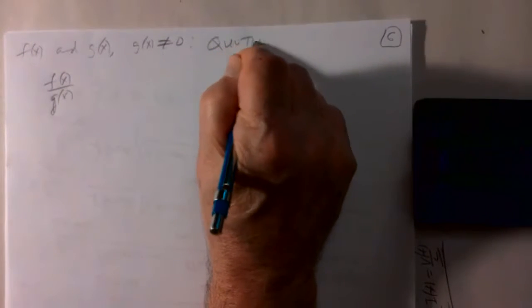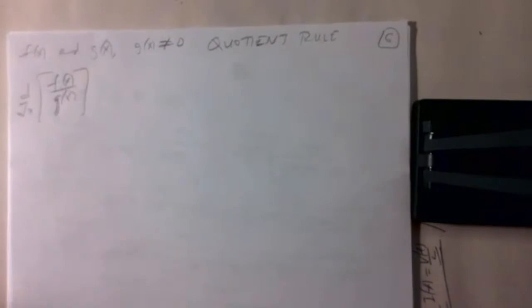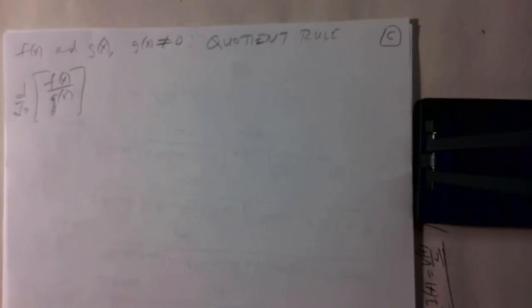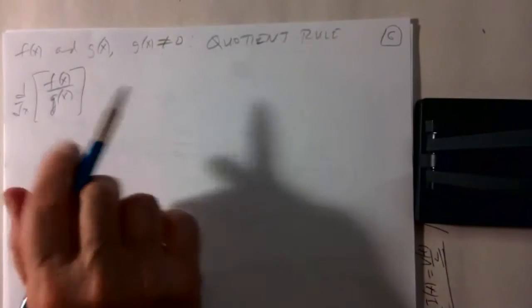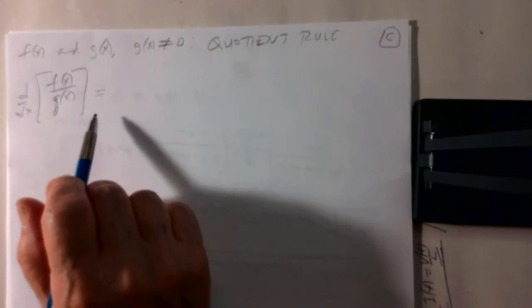And I can write down a rule for the derivative of the quotient of two functions. So this is much more complicated than the product rule, and it's the following.